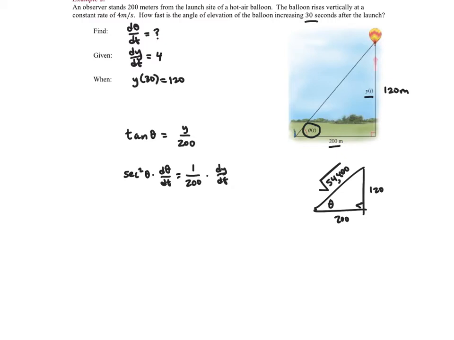Okay, so why do I need that? Well, because I need to find the secant squared of theta. Okay, so my ultimate goal is clearly to find d theta/dt, but I need to plug some values in. So that's why I need to utilize this value for the hypotenuse.